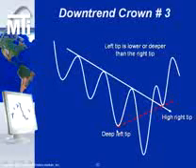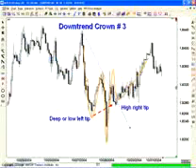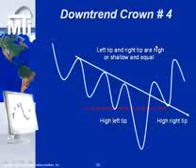Crown number 3, deep left tip or low left tip, high right tip. So left tip, okay, center tip, breaks the trend line, comes up to resistance, goes to the backside of the trend line, forms an engulfing bullish candle, and then takes off. A, B, C, D. Crown number 4, high left tip, high right tip.